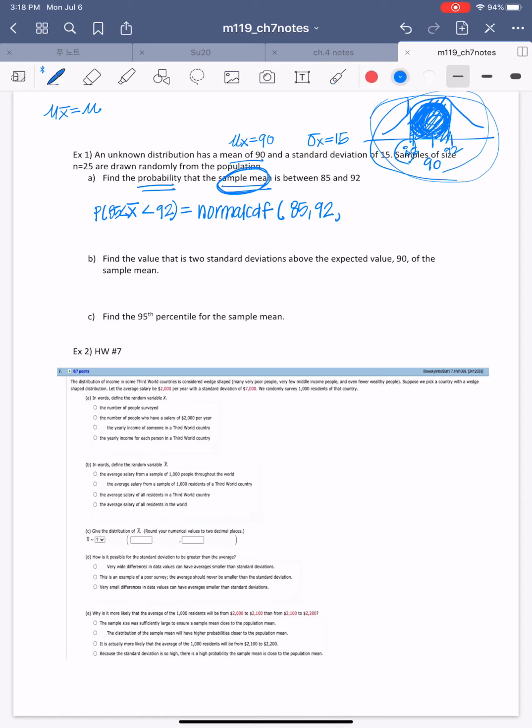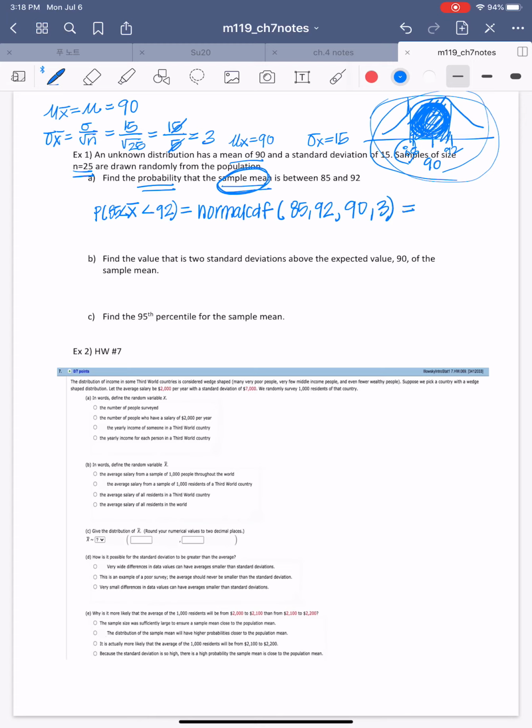So this will be just the same value 90, and then sigma of x bar is sigma over square root of n, which is equal to 15 over square root of 25, since we have a sample size of 25. Let's simplify. Square root of 25 is 5, so this reduces down to 3. So you're gonna put 90 and then 3 here.